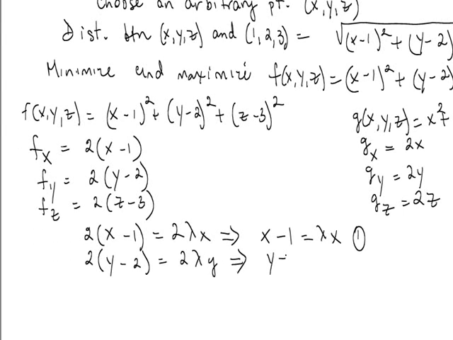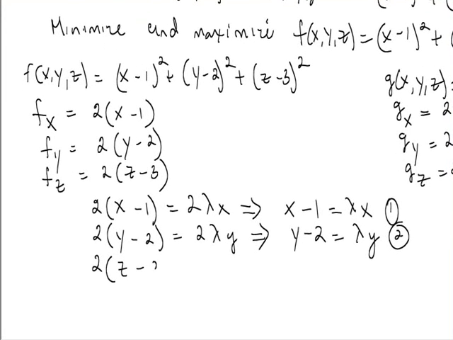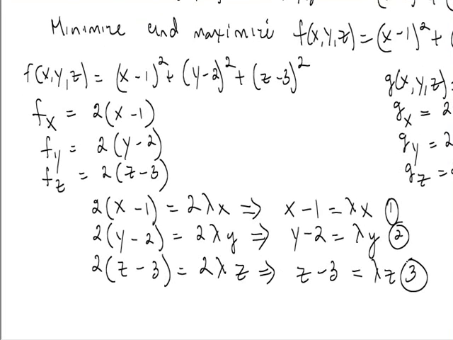This tells us that y minus 2 is lambda y. Call this 2. 2 times z minus 3 equals 2 lambda z. This implies that z minus 3 is lambda z. Call this 3.